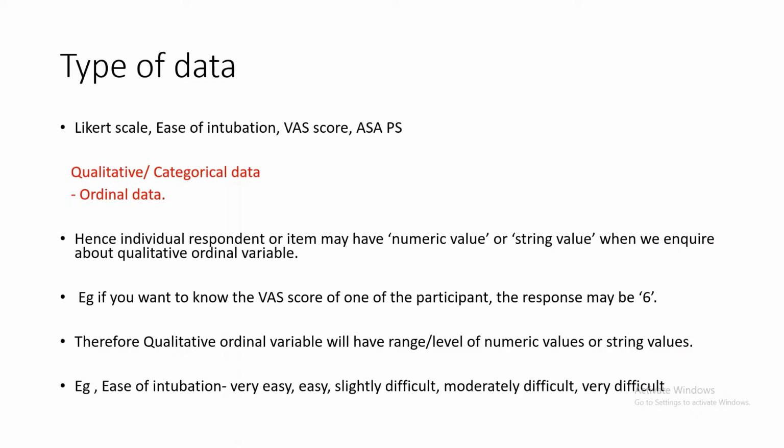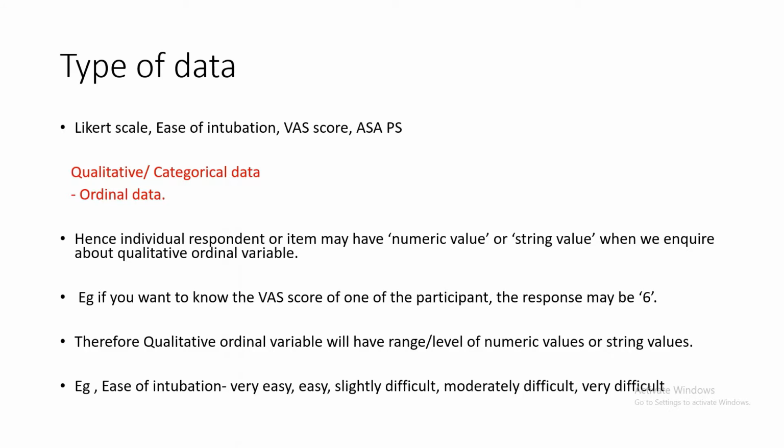This is a type of ordinal data because Likert scale, ease of intubation may be from easy to difficult. Pain score may be from less pain to higher pain. So these are the type of ordinal data.